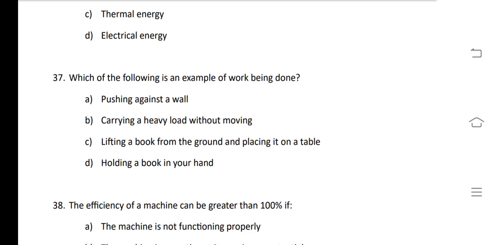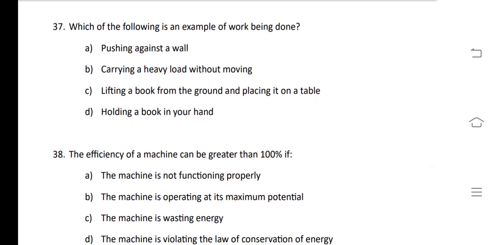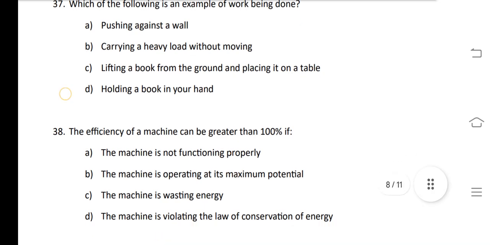In the next, carrying a heavy load without moving, also displacement equals 0. In the fourth case, holding a book in your hand, displacement is 0. So the answer to the 37th question is option number C.